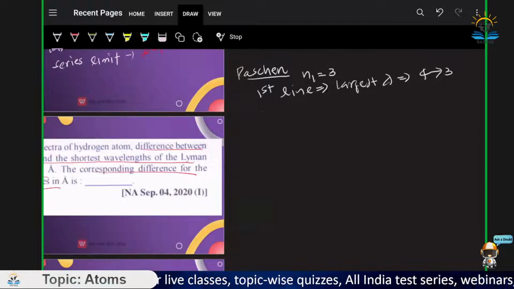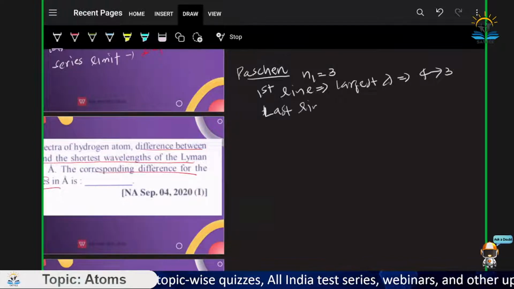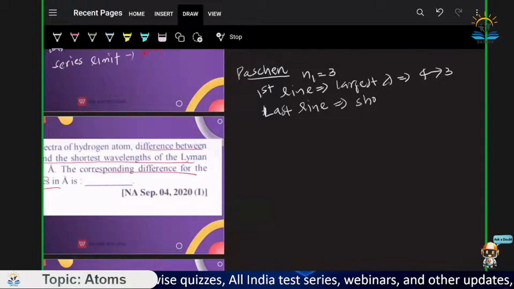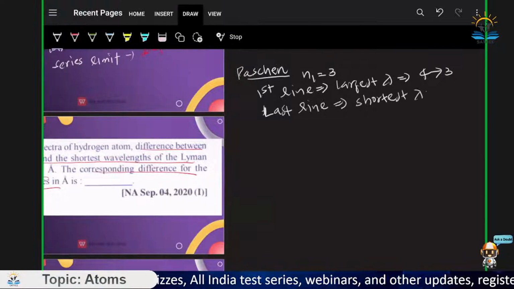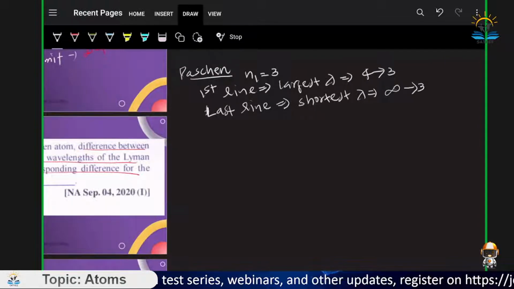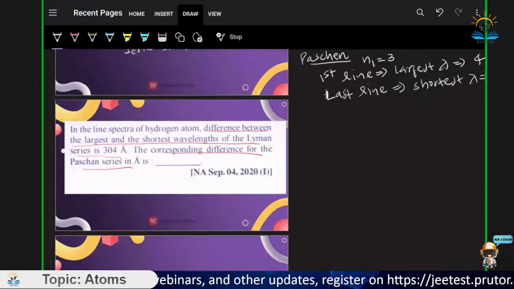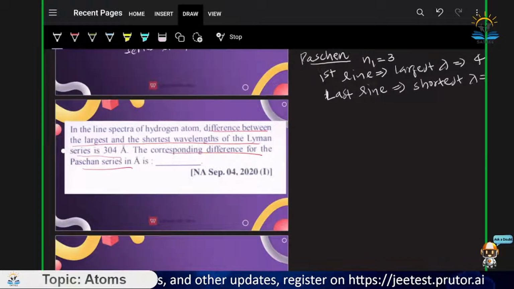And the last line means shortest wavelength, which is infinity to 3. We have to find the difference between largest and shortest wavelengths of the Paschen series.